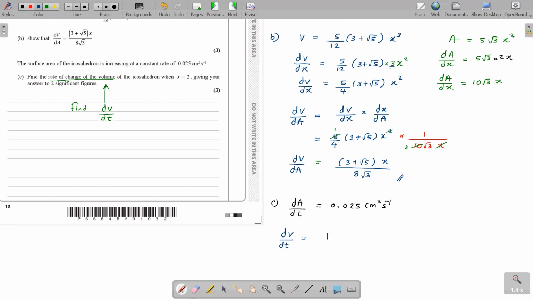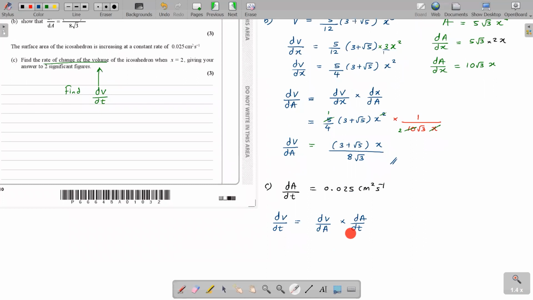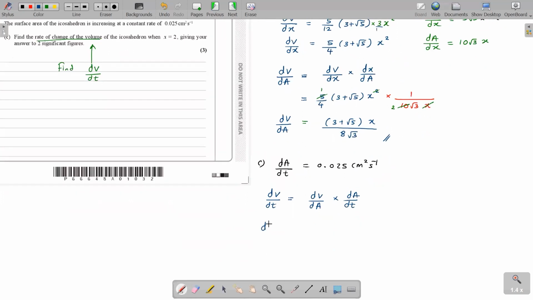They've given us dA, so we'll break it with the letter A into dV over dA times dA over dt, because the A's cancel and I get dV by dt again. Do you see? dA by dt is given to us, but dV by dA we have already found in the previous part, so I can substitute that value.